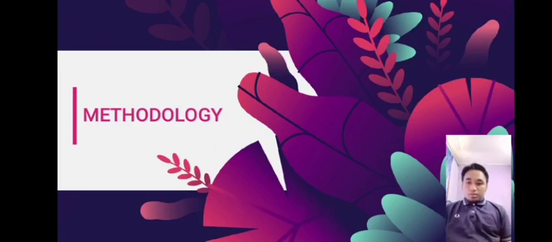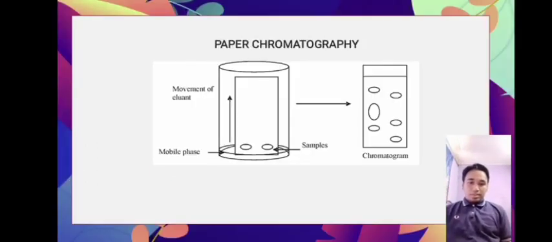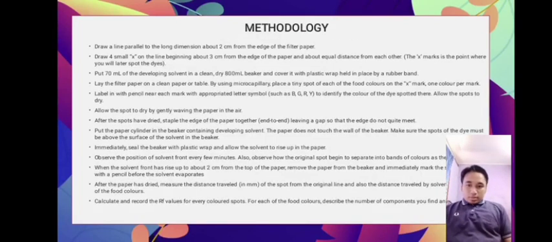For the methodology, this is the diagram of the paper chromatography methodology. Firstly is draw a line parallel to the long dimension about 2 cm from the edge of the filter paper. Next, draw 4 small X on the line beginning about 3 cm from the edge of the paper and about equal distance from each other.